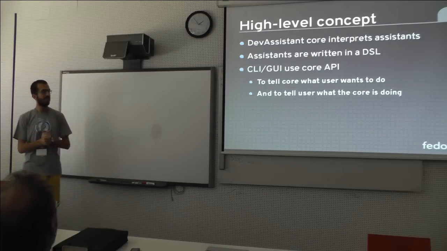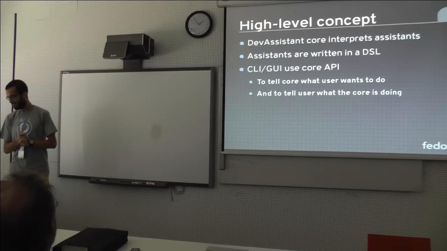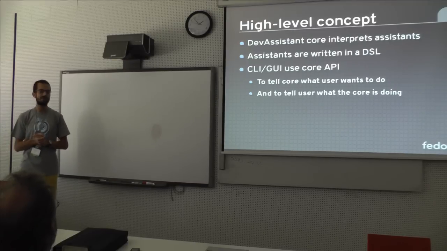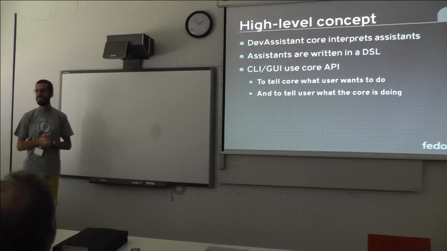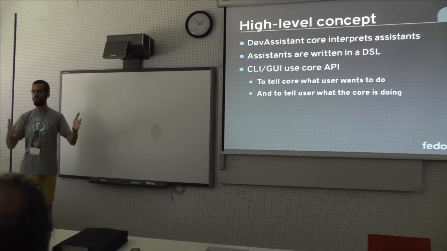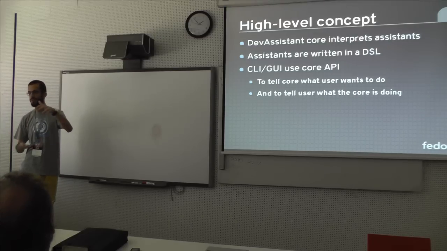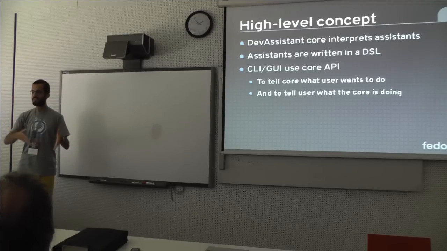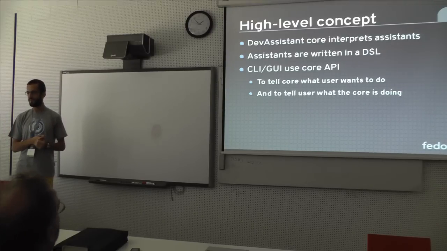These are written in a DSL. I know that some people don't like our DSL. What's the DSL? It's a domain-specific language. It's basically a subset of a programming language or a markup language that makes sense for the domain that you're working on. Okay?